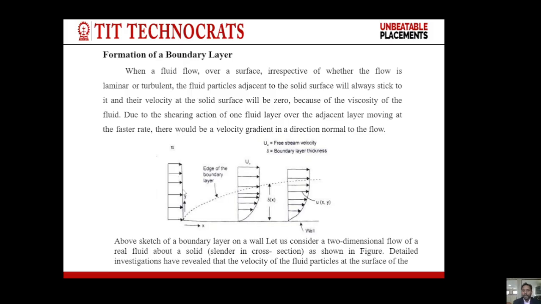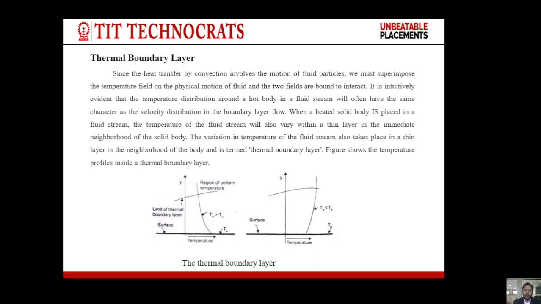Now the next concept is also regarding the fluid flow phenomena, that is the boundary layer. We know that if fluid is flowing over a surface, then boundary layer formation takes place. Similar to the hydrodynamic boundary layer, we also have the thermal boundary layer.